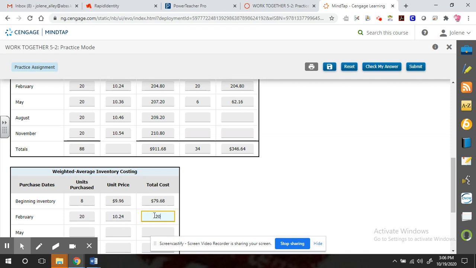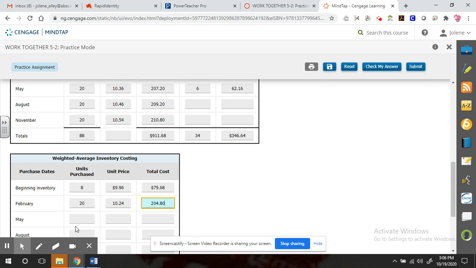That came out to $204.80. And they came down to May at 20 more air filters at $10.36 each, which was $207.20 when you multiply it out.